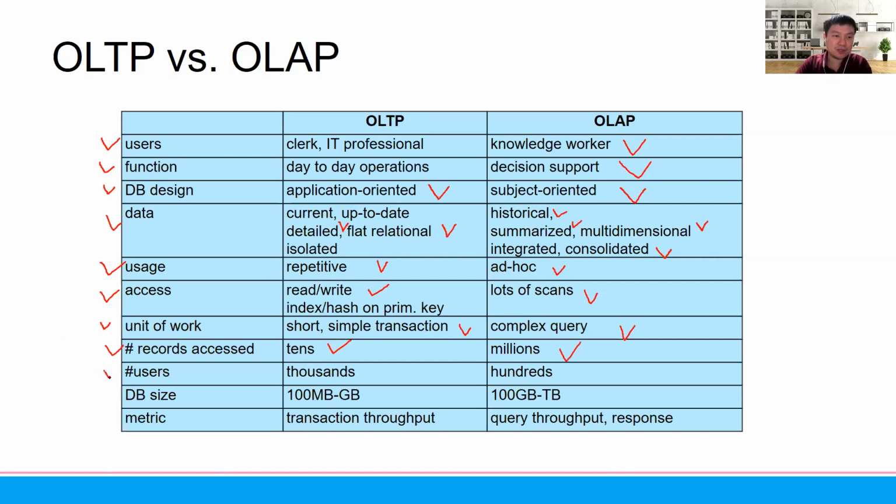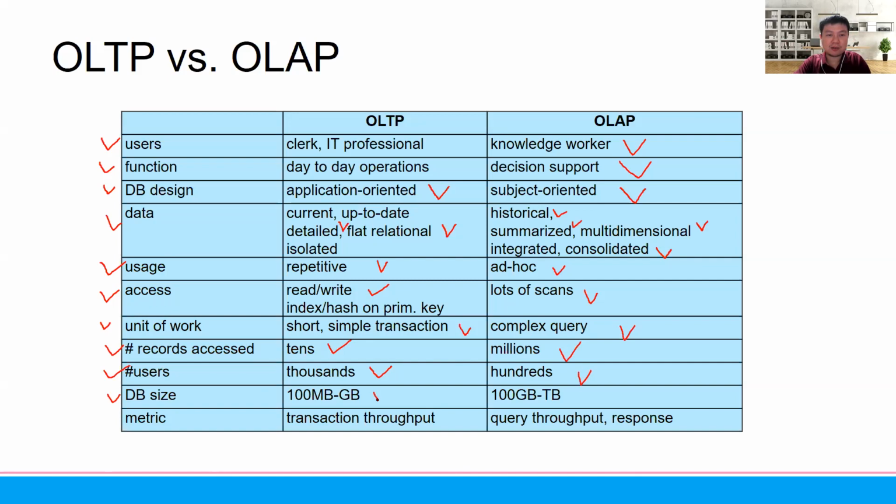The number of users for the OLTP is many. But for the OLAP, usually it is not that many, because only some people who are the decision makers need to access this OLAP. And that also affects the DB size.